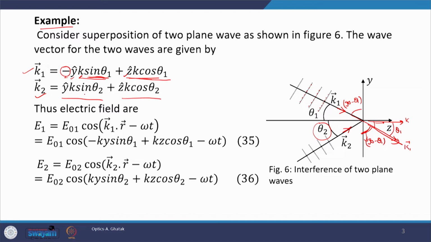Now, instead of theta 1, it is theta 2 here, because the second wave is inclined at angle theta 2 with respect to the horizontal, and now you can see that k2 is going in this direction.